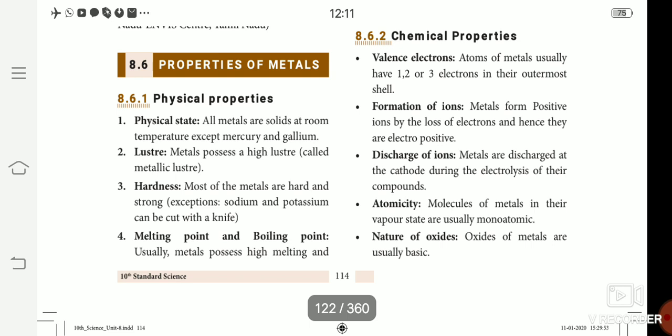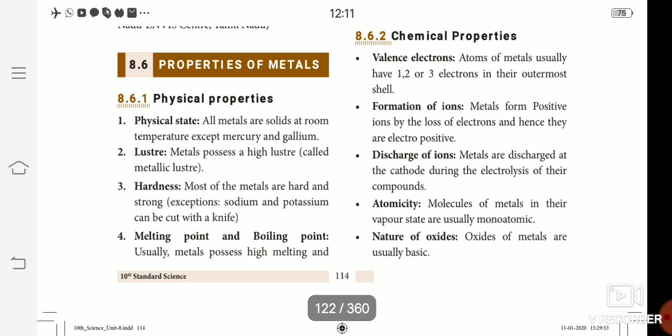The atoms of metals have one, two or three electrons in their outermost shell. For example, hydrogen has only one electron in the outermost shell. Helium has only two electrons in the outermost shell.